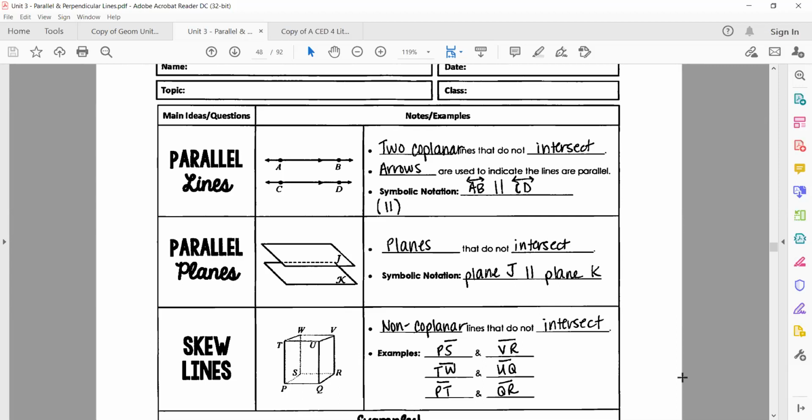Skew lines is the oddball. If you look at that rectangular prism there, that box, they've labeled every corner. It's got the dash lines here for the parts under the bottom and on the back that you can't see.